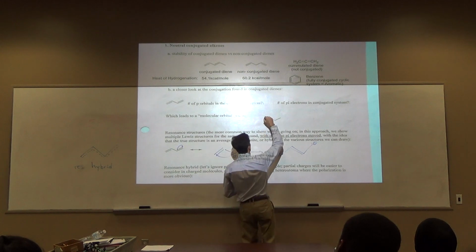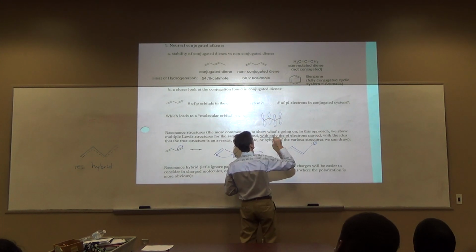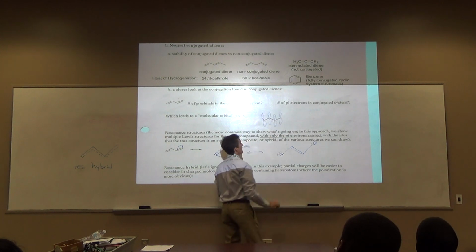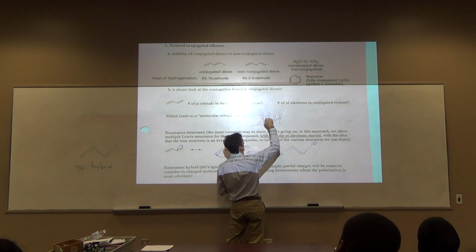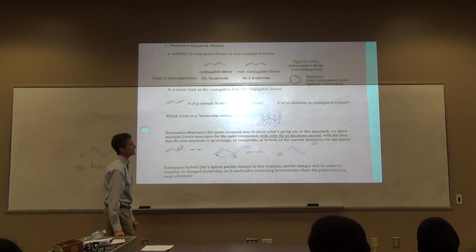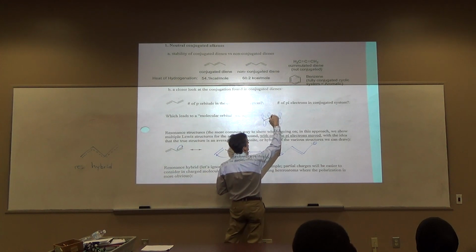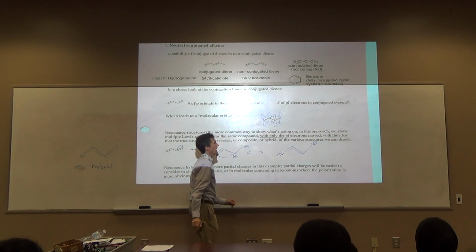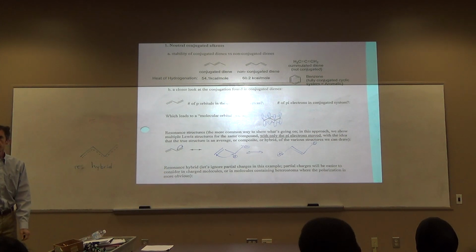Because if you go back to the orbital view, don't we have 4 p orbitals? 1 electron in each. There it is. Why just say these are overlapping and these are overlapping? That looks like 2 isolated pi bonds. Well, guess what? The central 2 are also overlapping. And the electrons are really all spread out between those 4 p orbitals.